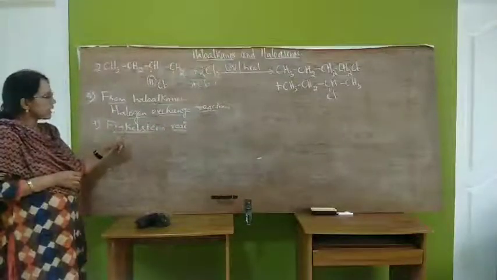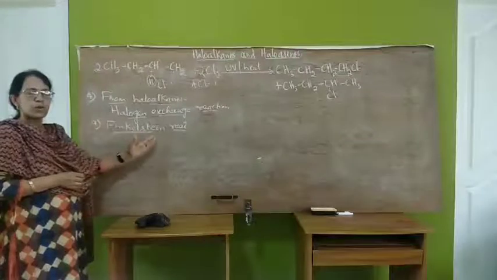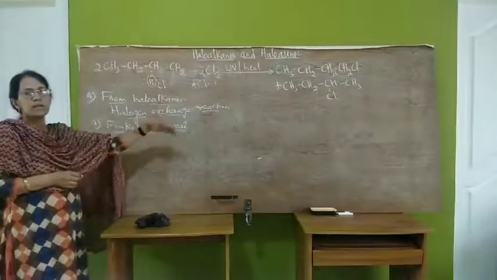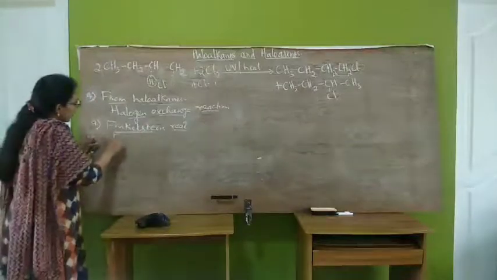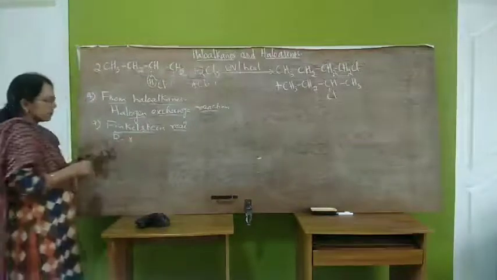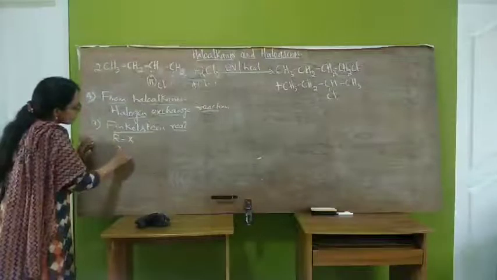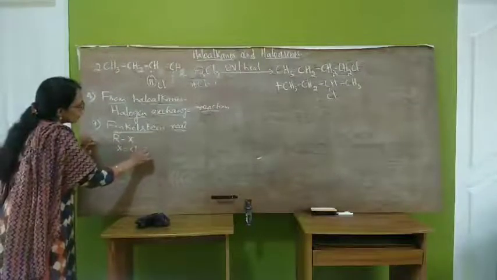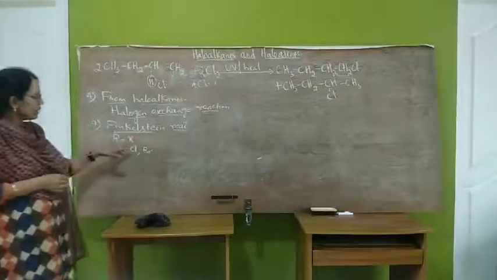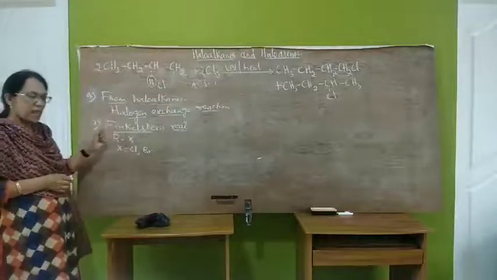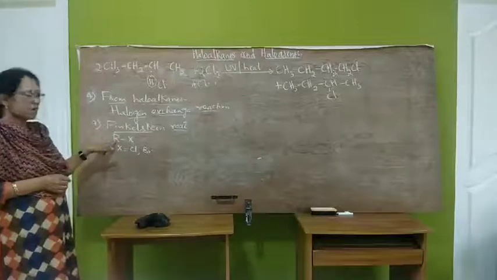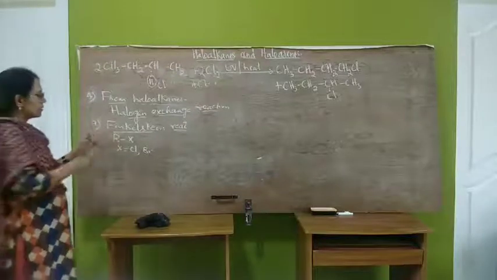Here, in this reaction, alkyl chlorides or alkyl bromides will be converted into alkyl iodides. So, alkyl halides, which we are using here, where X is chlorine or bromine. X cannot be fluorine because fluorine is very small. It tightly holds the alkyl group. It will not leave the alkyl group.